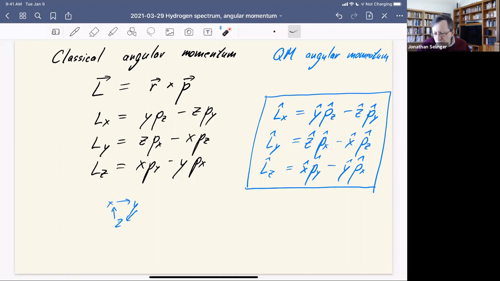And that's true for all six terms here. In any of these six terms, it doesn't matter which one goes first. Okay, so here are the definitions of the operators.